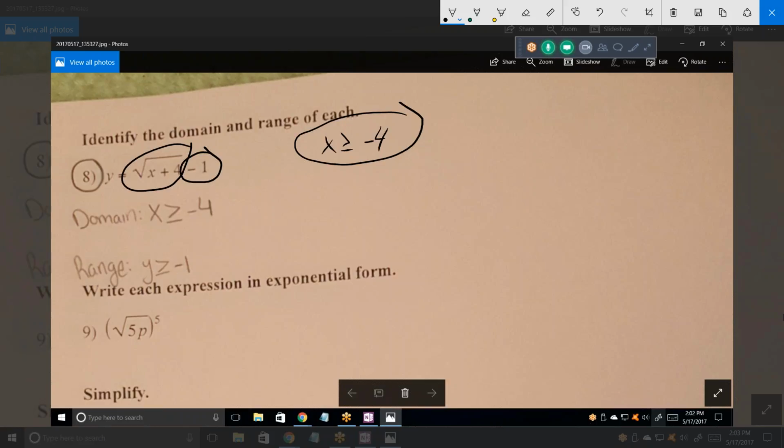And it can be greater than -1, but even if this was 0, the range would be -1, and it can never be less than 0. Okay.